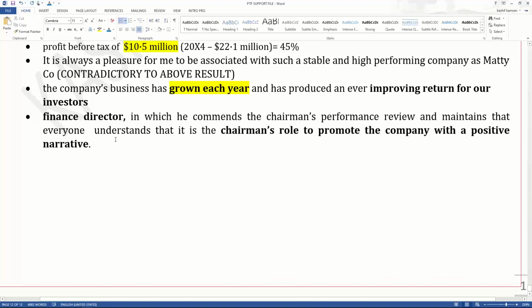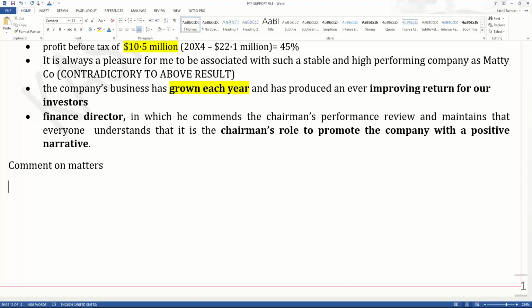So now let's comment on the matters. When you start to comment on the matters, knowing that there have been some contradictory statements, is there any materiality or accounting treatment? No, right? We just go down commenting on the matters of the situation given to us.